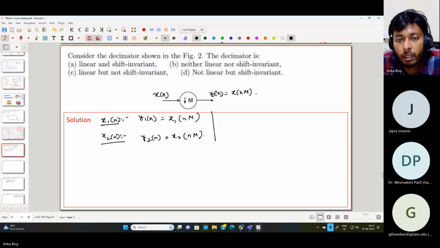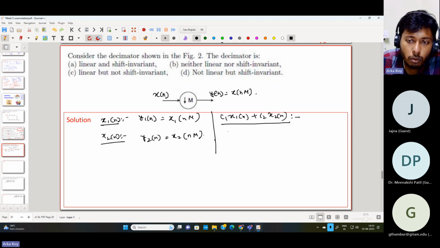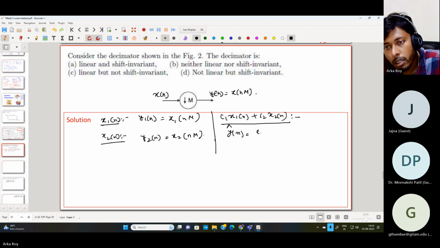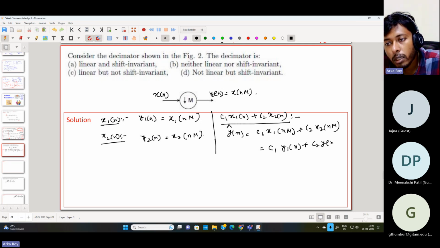Now when we apply the linear combination input C1 x1 of n plus C2 x2 of n, the output, let's say y hat, is equal to C1 x1 of nm plus C2 x2 of nm. Therefore, this is C1 y1 of n plus C2 y2 of n.